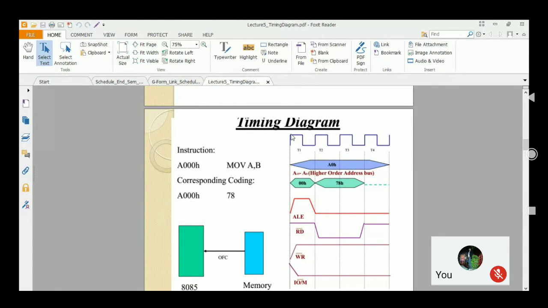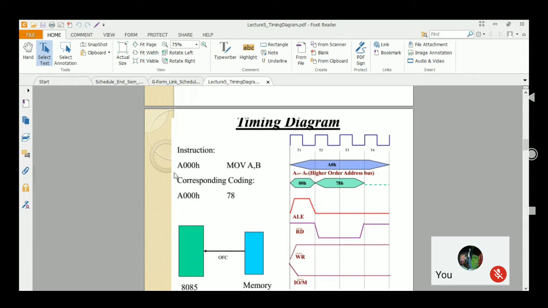This up and low complete my one pulse or time period. So this is my T1, high and low, and again T2 high and low, T3 high and low, and T4 high and low.